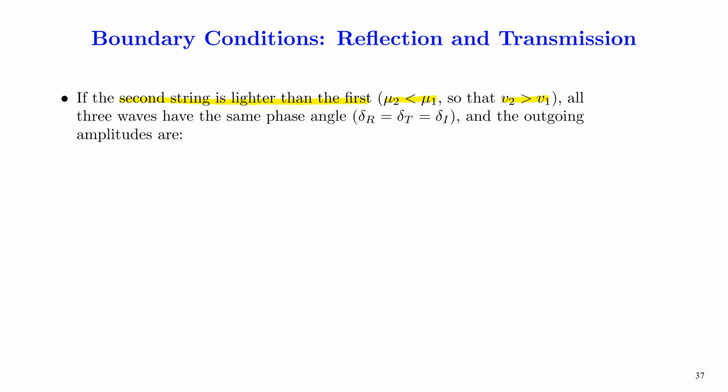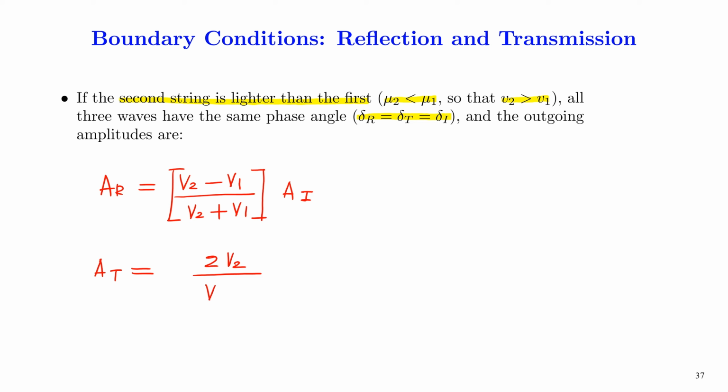In this case, all the 3 waves will have the same phase angle, that is delta R equal to delta T equal to delta I, and therefore the outgoing amplitudes are AR equal to (v2 minus v1) over (v2 plus v1) multiplied by AI, and AT is given by 2 times v2 over (v2 plus v1) multiplied by AI.